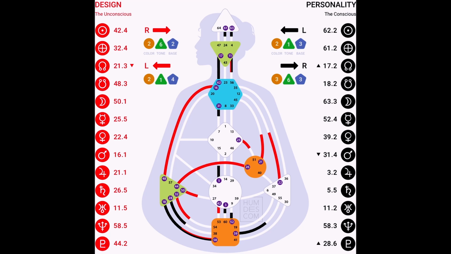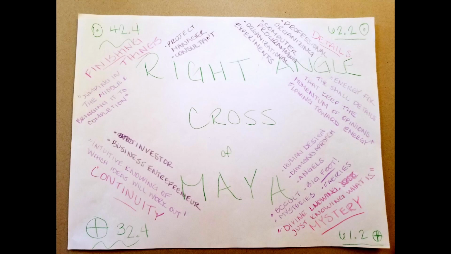But once you get that nailed down, it's a lot of fun to dig into the different aspects that your planets connect with the defined gates on your chart. So the top 2 planets on each side of your conscious as well as your unconscious are going to determine what your incarnation cross is. And your incarnation cross is a lot of different things.